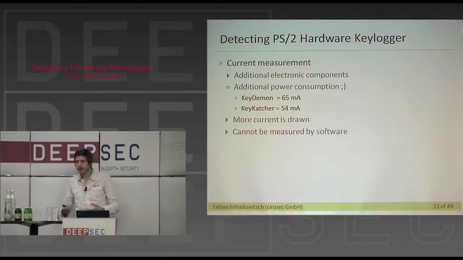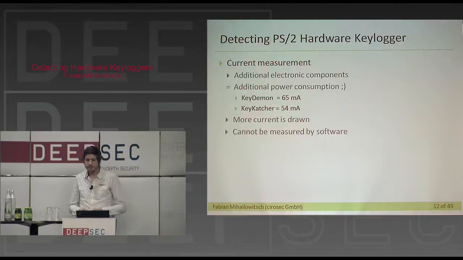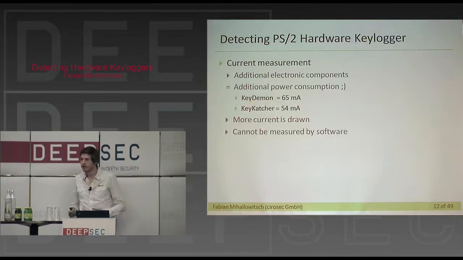If you go on the line physically, you can measure that Keydaemon consumes like 65 milliamperes and KeyCatcher 54. So you can detect that more current is drawn, but sadly you cannot measure it in software since the motherboard just doesn't provide any sensors to actually measure it.